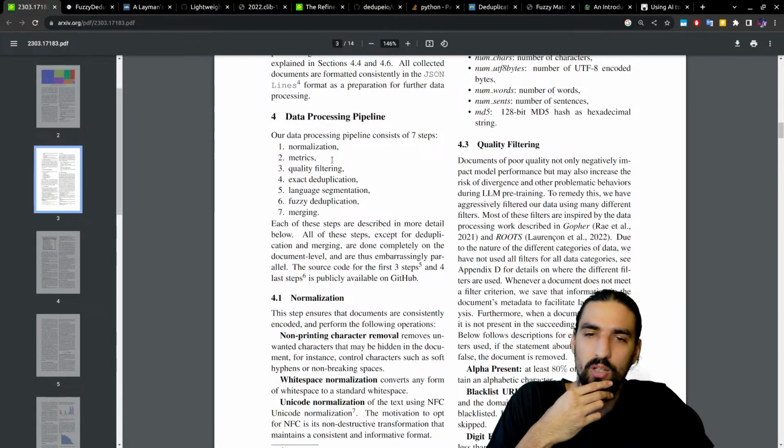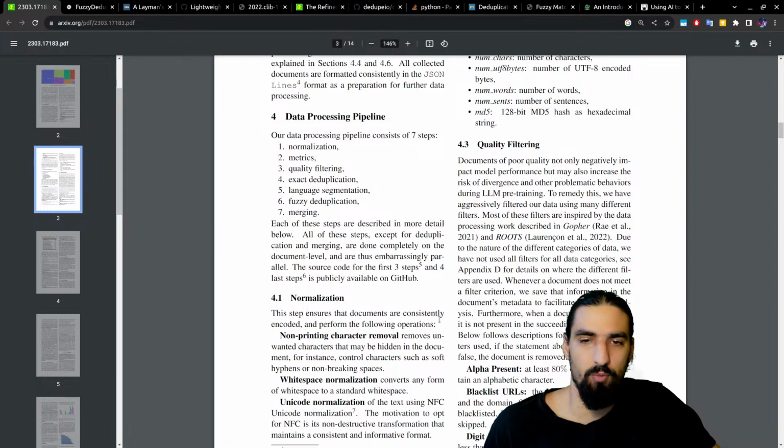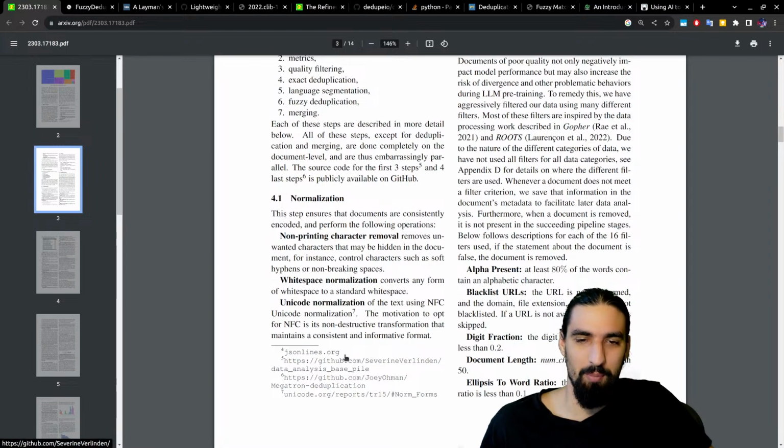All of these are done on the document level and are thus embarrassingly parallel. Publicly available on GitHub for the first 3 steps. And the 4 last steps, which is a weird way to say everything is supported. Okay, but in different places.